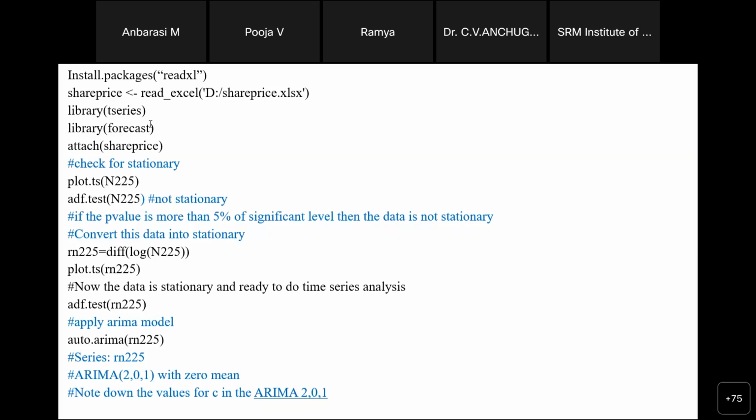First, we have to install the packages, and then read the data set. After that, we have to import the libraries, the library of tseries and forecast. These are the two packages required for implementing this ARIMA model.